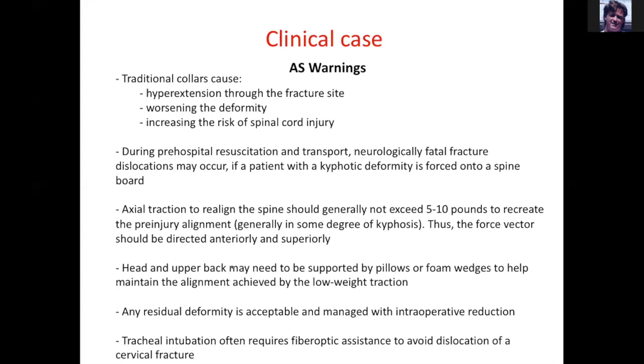Do some gentle axial traction, not too much, with a vector of force directed anteriorly and superiorly, and always support the head, upper neck and back with pillows or foam wedges to help maintain a good alignment. Any residual deformity is acceptable and can be managed intraoperatively. And of course, anytime you do a tracheal intubation, do it with fiberoptic assistance.